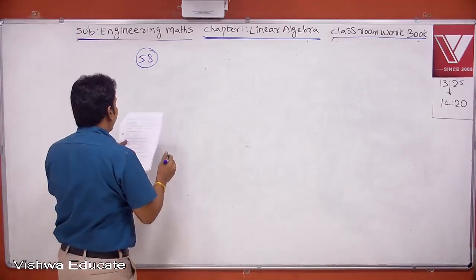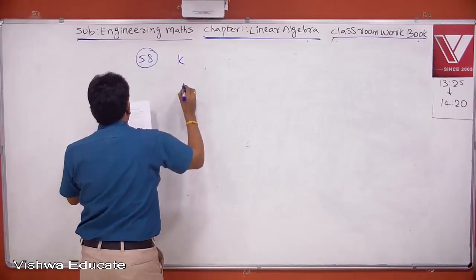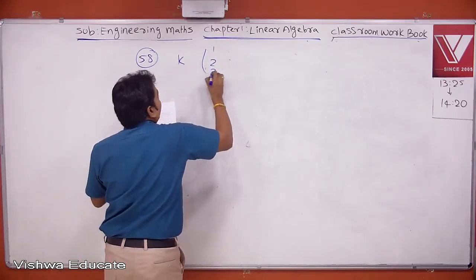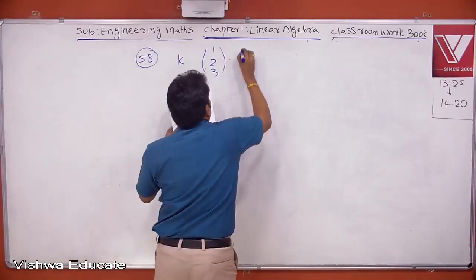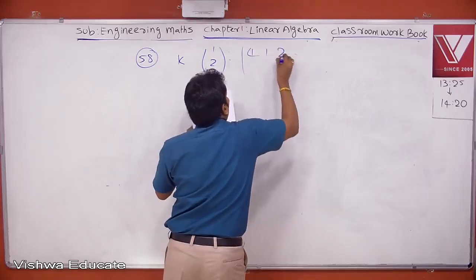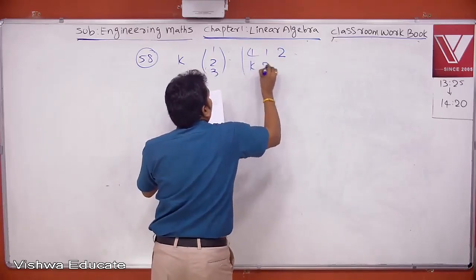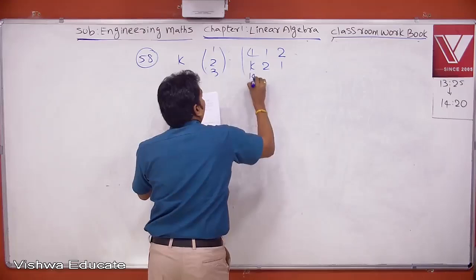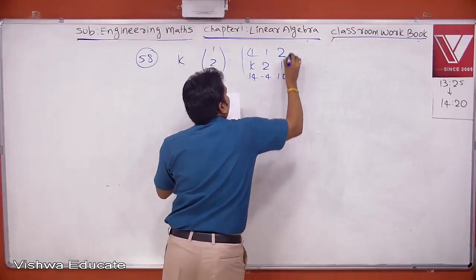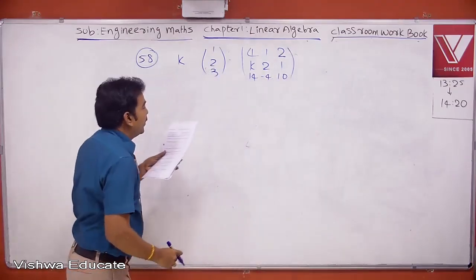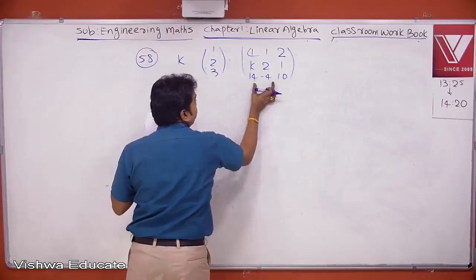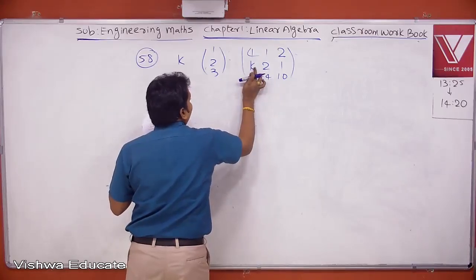The value of k such that [1, 2, 3] is an eigenvector of the matrix [4, 1, 2; k, 2, 1; 14, -4, 10]. So the whole matrix is given but one element is missing.